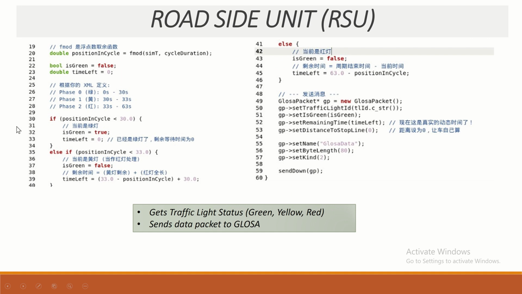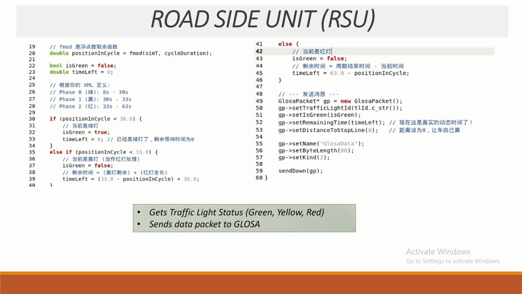And here we can see the C++ code running on the RSU, where it decides the different phases. The RSU continuously monitors the traffic light program. It determines the current phase, like green, yellow or red, and calculates the time left until the next phase change.